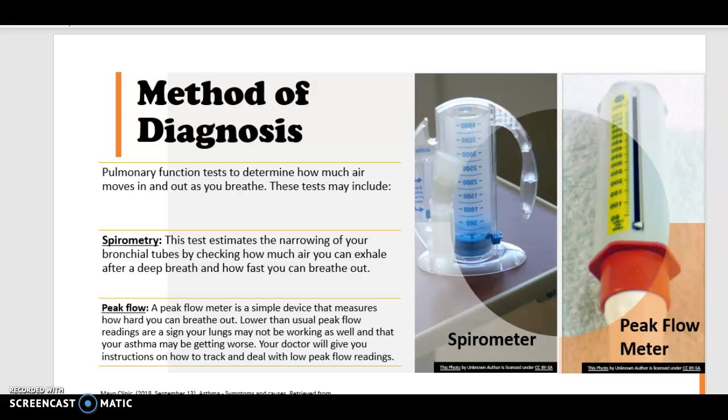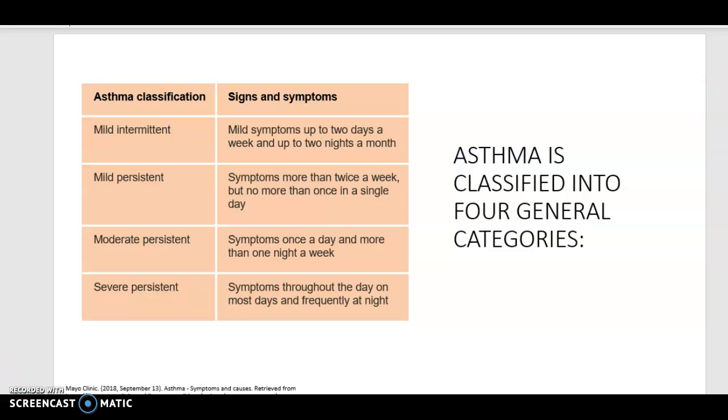If your lung function improves with the use of a bronchodilator, it's likely you have asthma. This is a nice little chart that goes over asthma classifications and signs and symptoms. It breaks it down from mild intermittent, mild persistent, moderate persistent, and severe persistent. So if you would like to take a look at it for a little bit, feel free to.